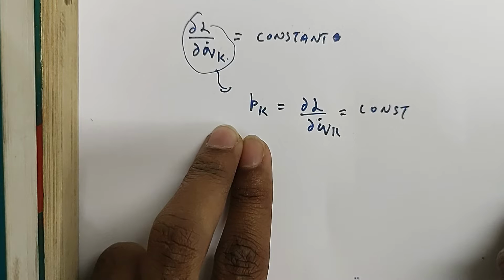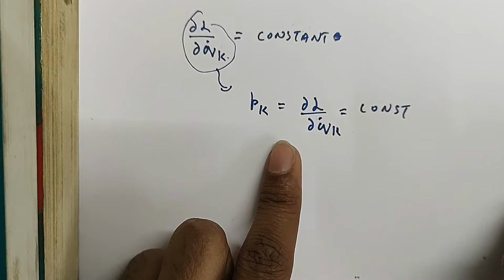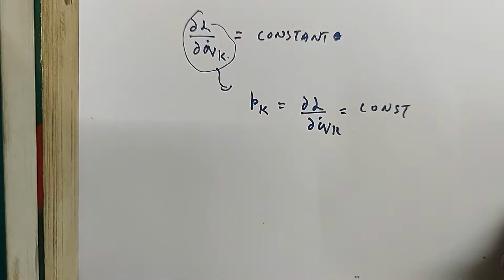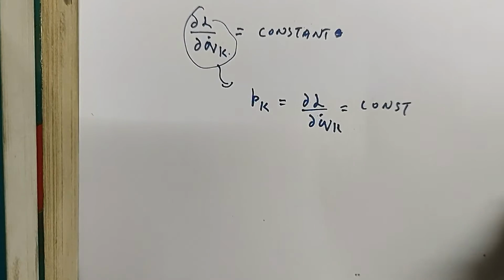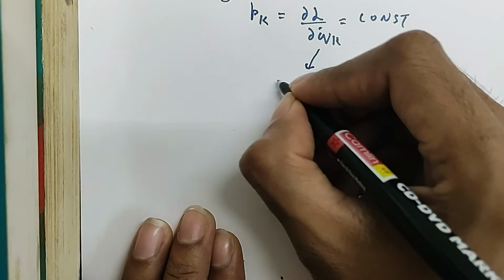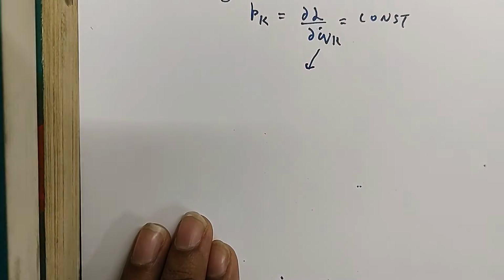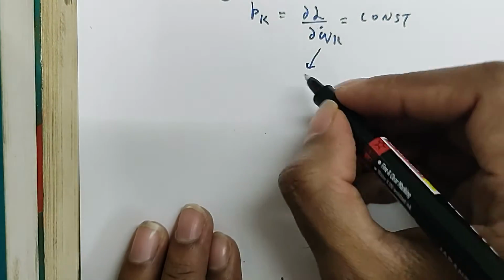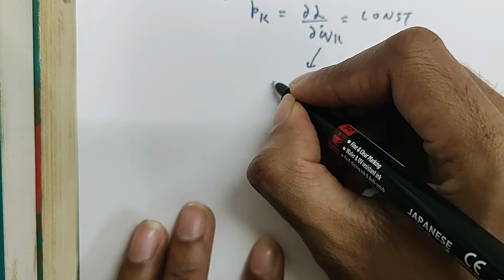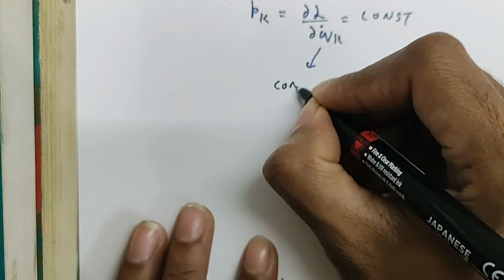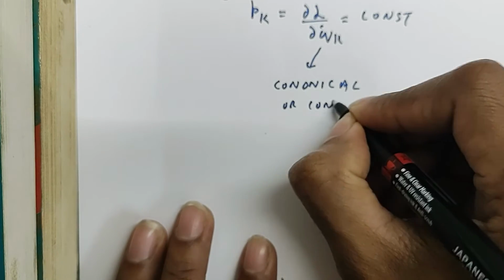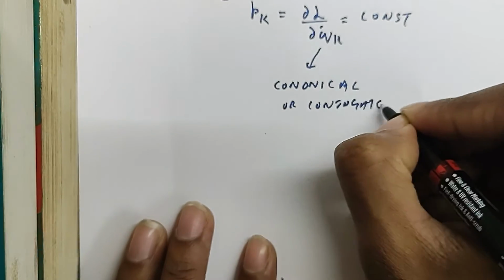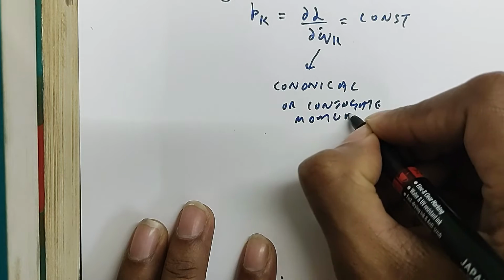This particular pk represents what is called the generalized momentum, or canonical momentum, or even the conjugate momentum. So this quantity pk is called the canonical or conjugate momentum.